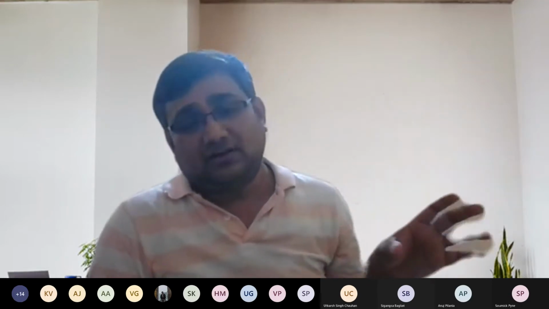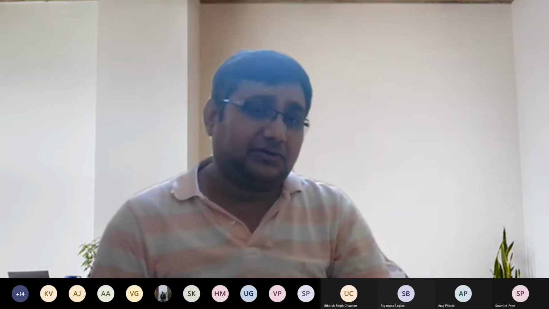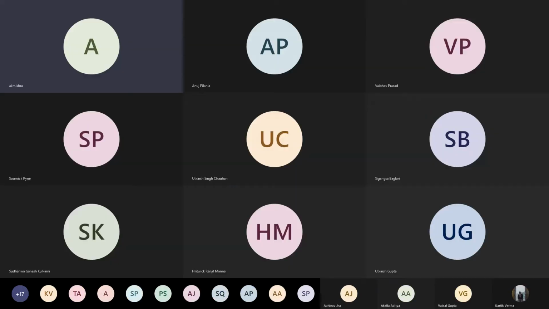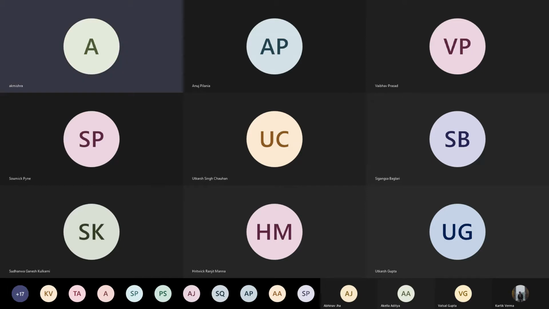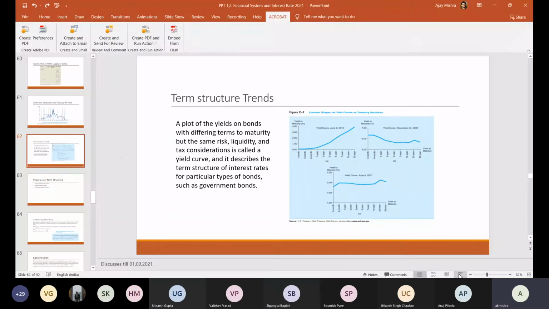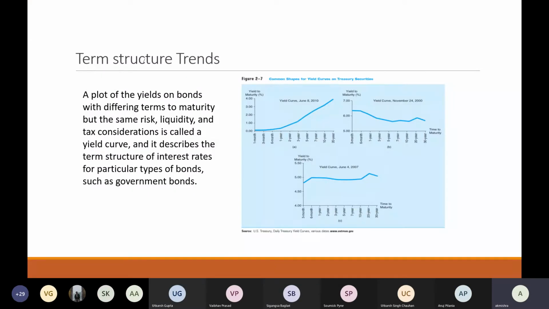Most of you will be able to connect your observation on the yield curve with certain theories. Three theories we will be talking about, and at least one of these is going to answer or justify your observation on the yield curve. So I'll be sharing my screen, and this was the last slide we talked about yesterday, if you remember.